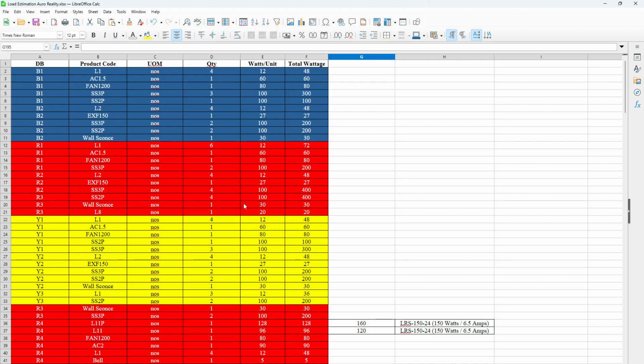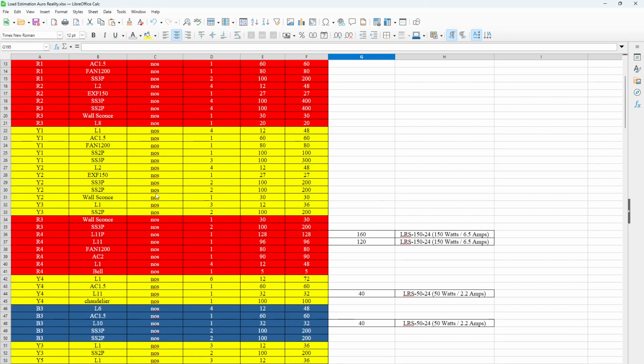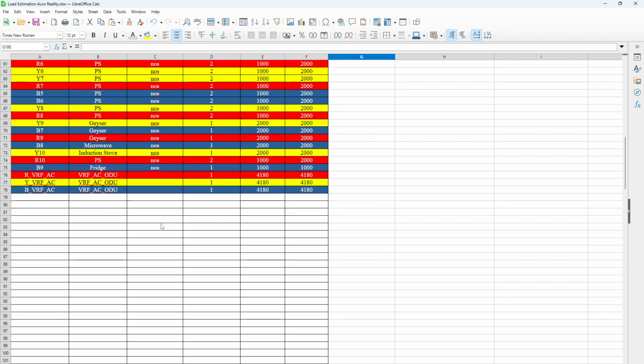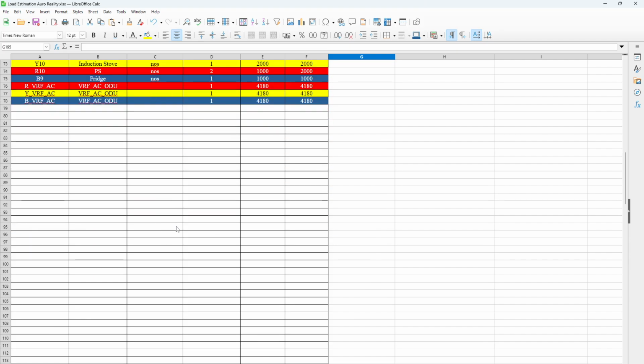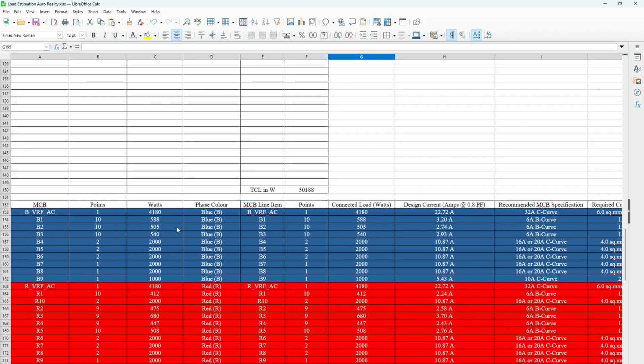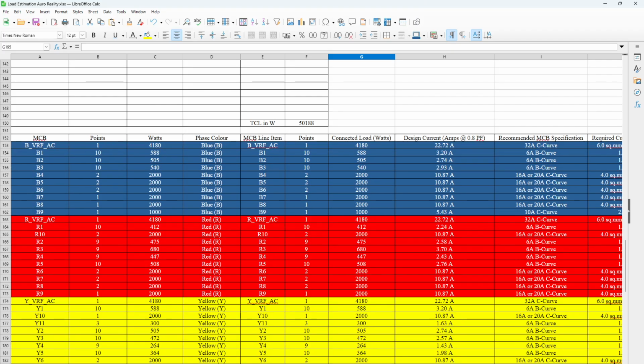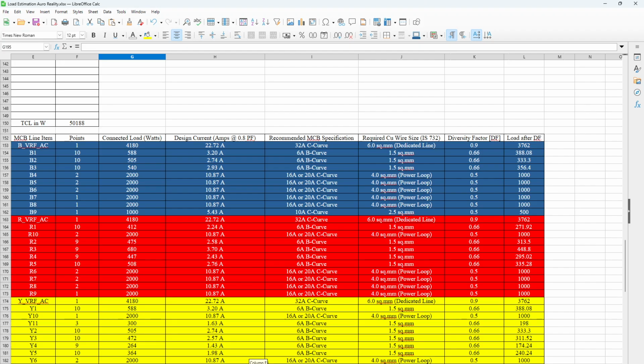This is not an option. If you are building a builder house or a big project or a big villa, a luxurious villa where the electrical load is high, or if you are building a multi-floor high-rise tower, then it is a must that you get this kind of analysis done. And even the regulating authority needs to see this, that is your load balanced.